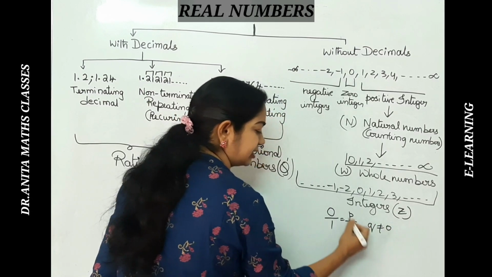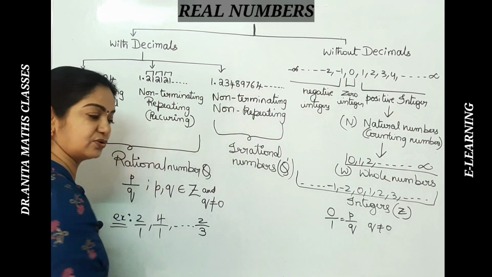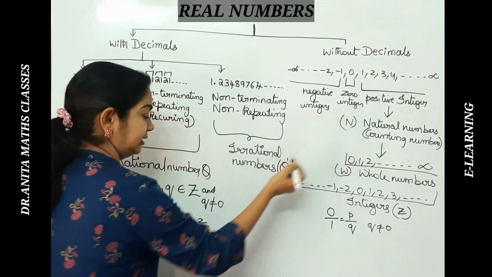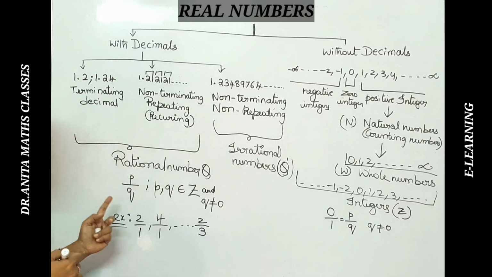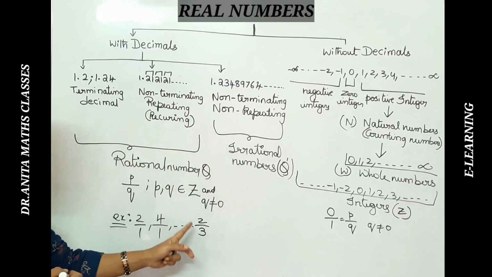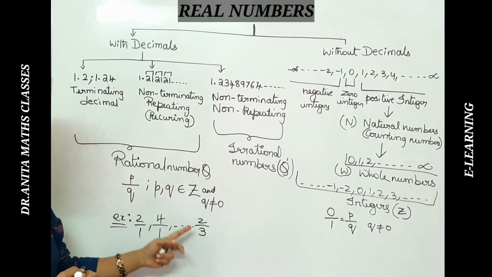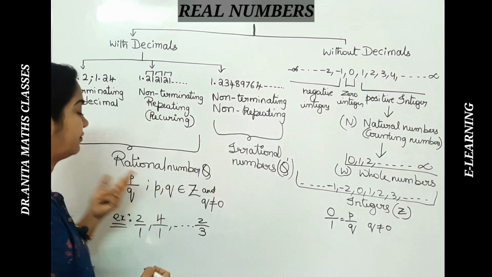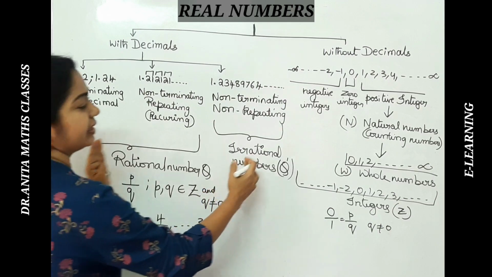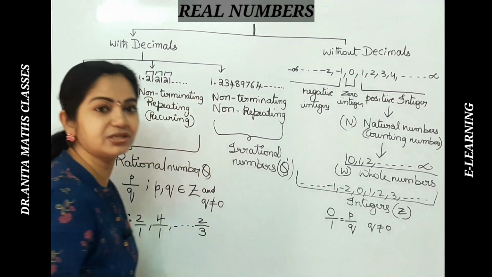It satisfies the condition, P and Q are integers. So 0 is a rational number. An integer is a rational number, but a rational number may not be an integer, because some rational numbers, see here 2 upon 3 or 1 by 2, are not integers, they are just rational numbers. So you have understood this. These are rational numbers and irrational numbers. Moving on to the irrational numbers.